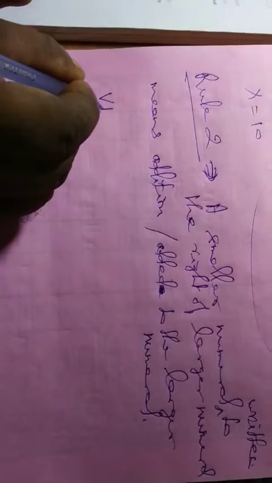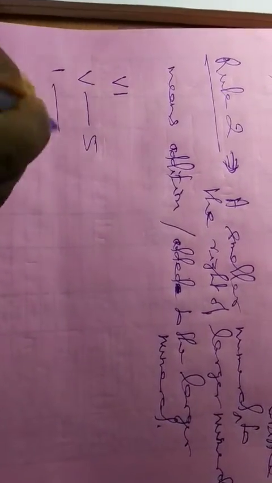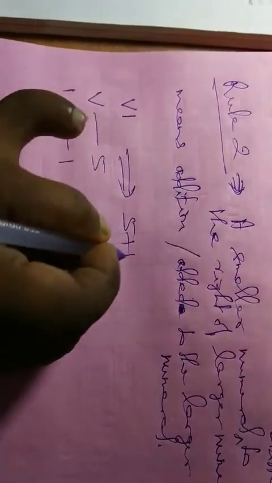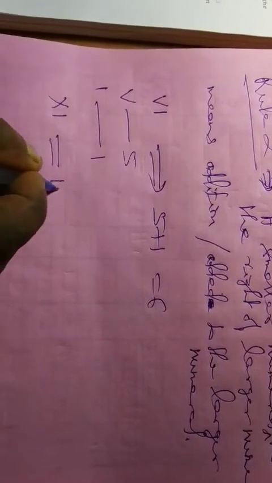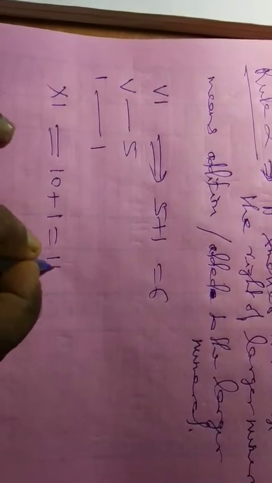If V is written, V means 5, I means 1. But VI means 5 plus 1, that is 6. X means 10, I means 1, and XI is 10 plus 1, 11. So if you write a smaller numeral to the right of the larger numeral, it is added to the larger numeral.